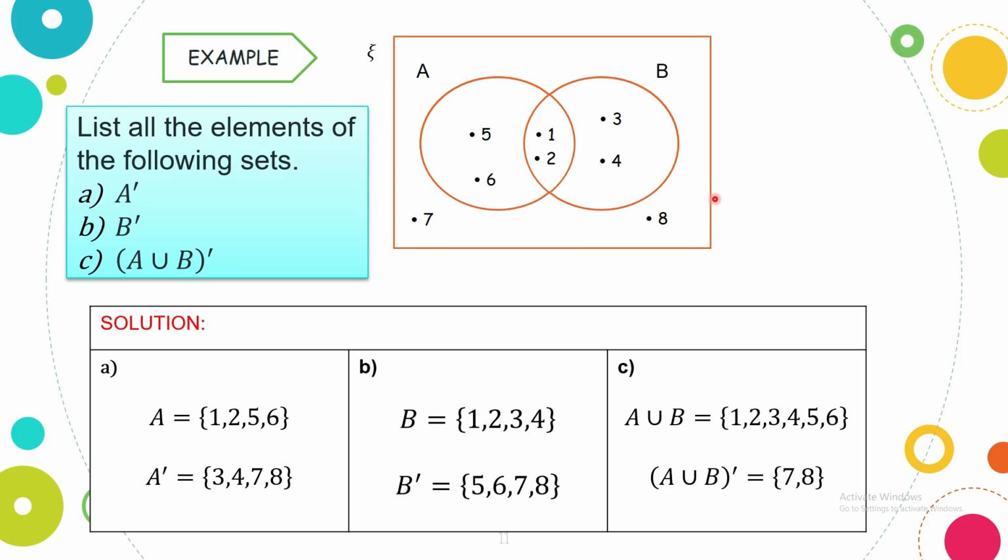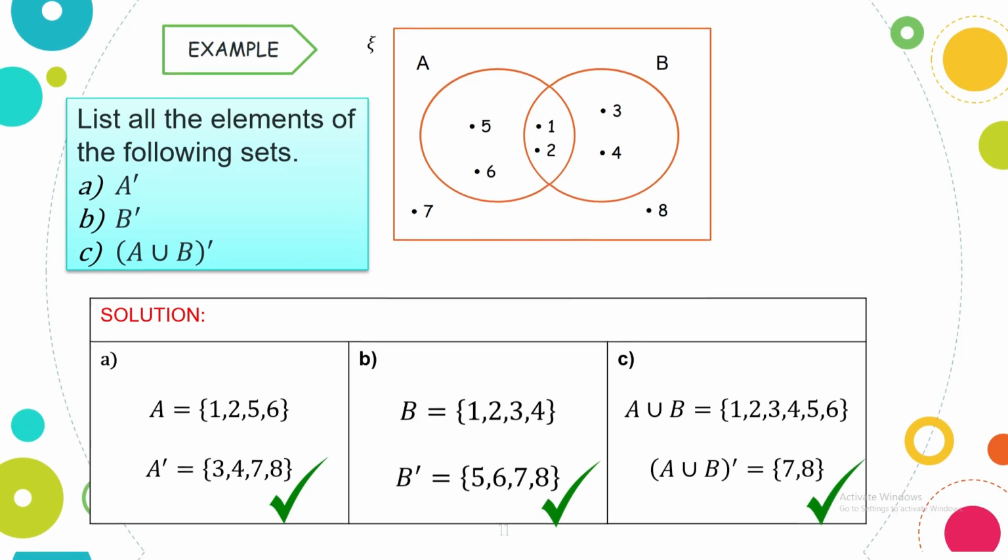And the last one is A union B. We determine the elements of A union B. We combine these two sets and we will get the elements of A union B as 1, 2, 3, 4, 5, 6. But the question asks to find the complement of A union B, which has the elements 7, 8. Okay, this is how we do this kind of question.